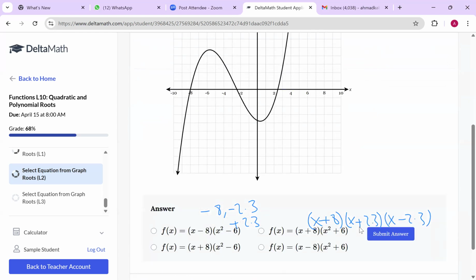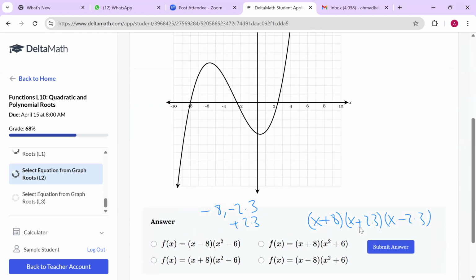Of course, x plus 8, so we neglect x minus 8. And we have two roots here, so it's not plus 6, it has to be minus 6. And if you calculate 2.3 squared, it's approximately going to give you something close to 6.